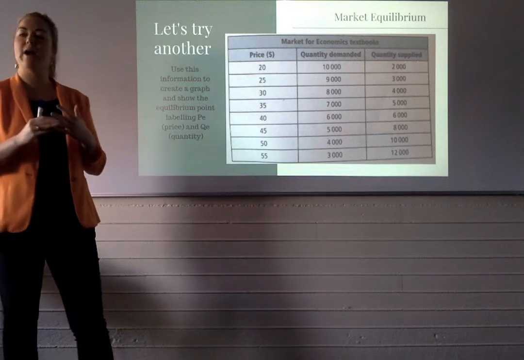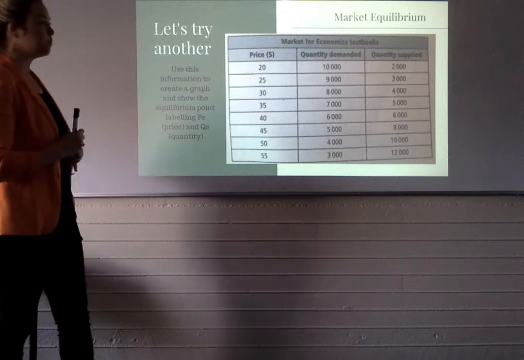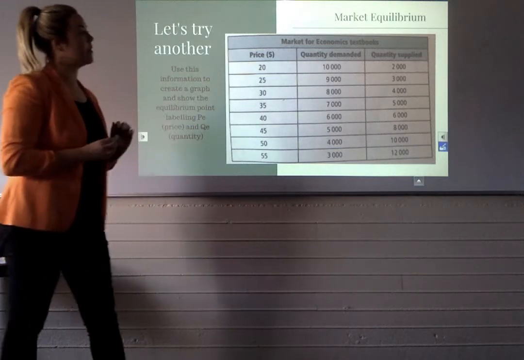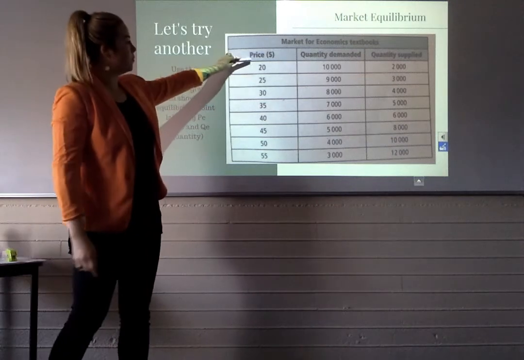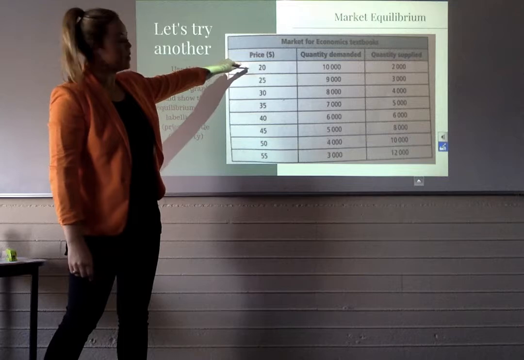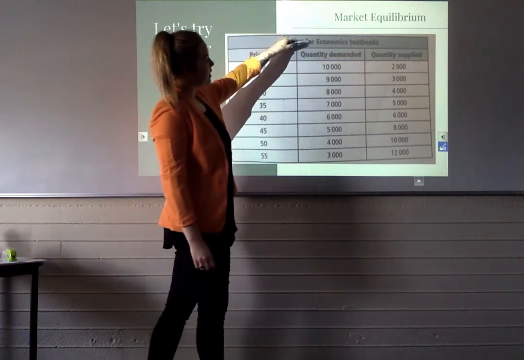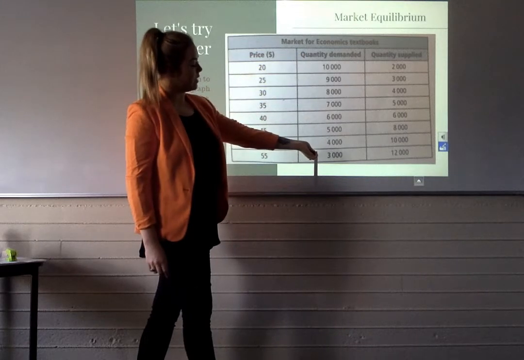So at different price points, that's what affects the supply and the demand. If we look at this schedule here, which talks about the market for economic textbooks, at the different prices, starting at 20 and going up to 55, we can see that the quantity demanded moves from 10,000 down to 3,000.